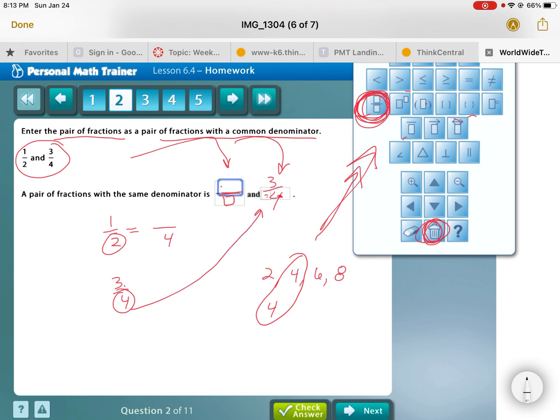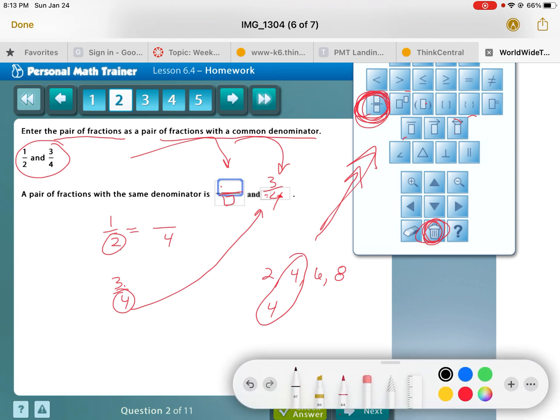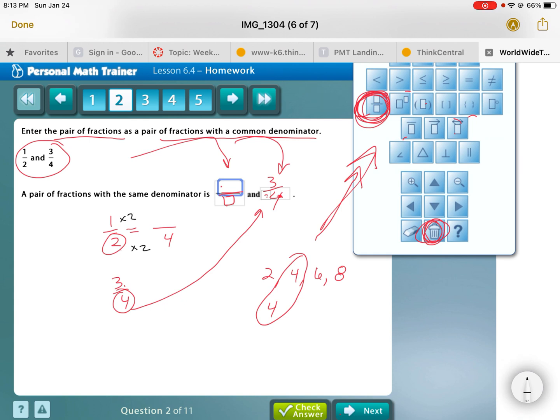I can enter 3/4. I'm going to rename this one so it's also in fourths. Whatever I did to the bottom, I'm going to do the top. So 1/2 is equal to 2/4. And then I type that in, and I check my answer, and it's going to show me that I'm right.